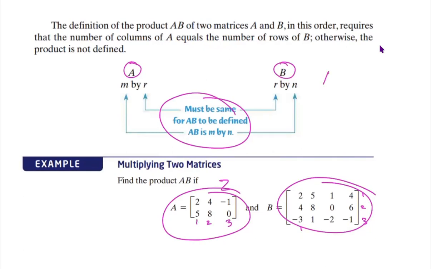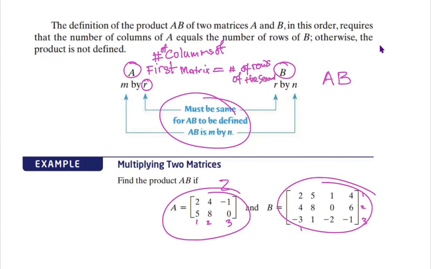For your multiplication AB to exist, the number of columns of the first matrix is equal to the number of rows of the second matrix.